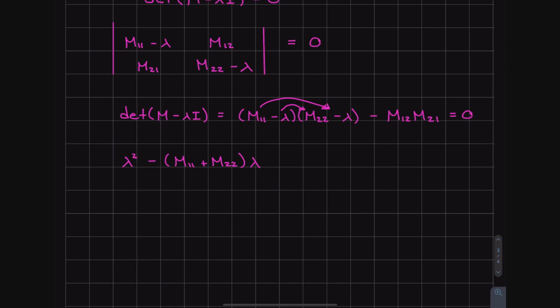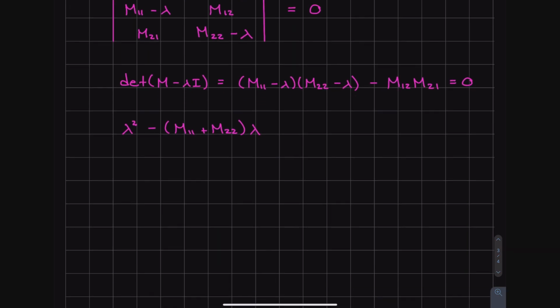You guys know how to do this. This is grade 11. Hopefully you guys know how to do that. I should probably add the hopefully because you never know. And then at the very end, we have M11 times M22, and then we finish it off with minus M12 M21. And this must be equal to 0.